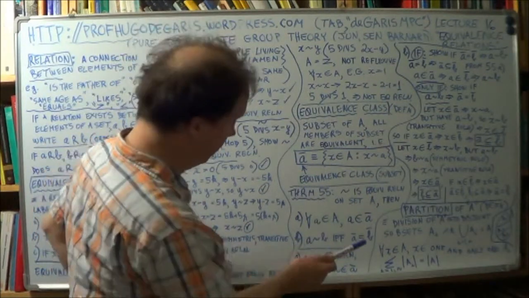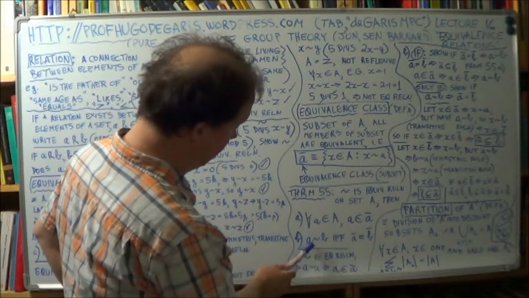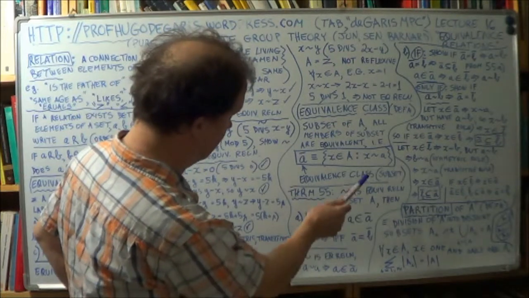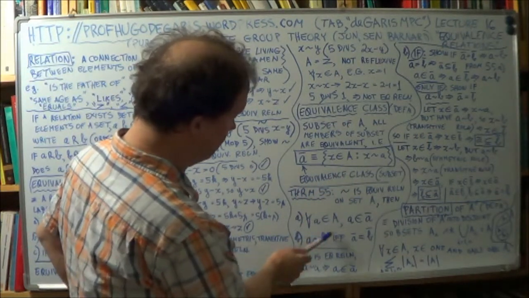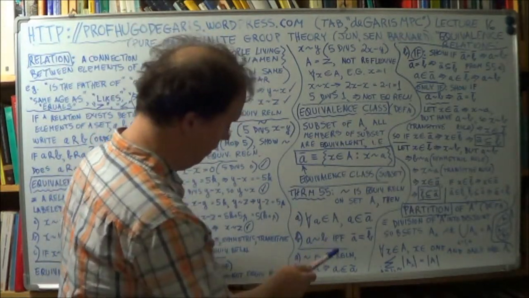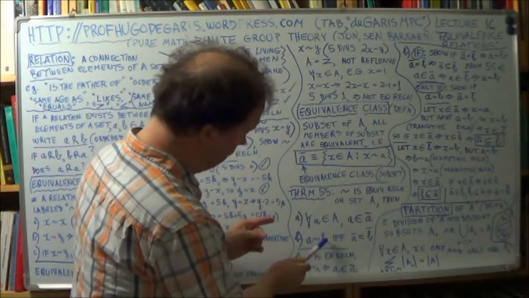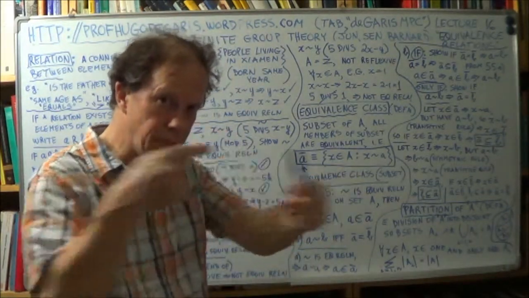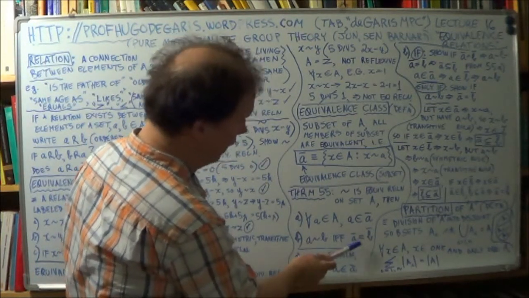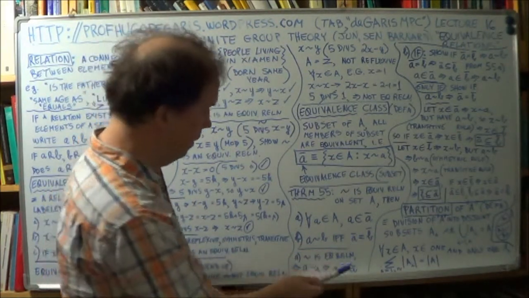All right. And the second part is, if A is equivalent to B, so these are just two elements of your set A, right? So if A is equivalent to B, in other words, there's an equivalence relation between A and little b, if that's true, A is equivalent to B if and only if, so both ways, the equivalence class of A is the same as the equivalence class of B. Now what is it?